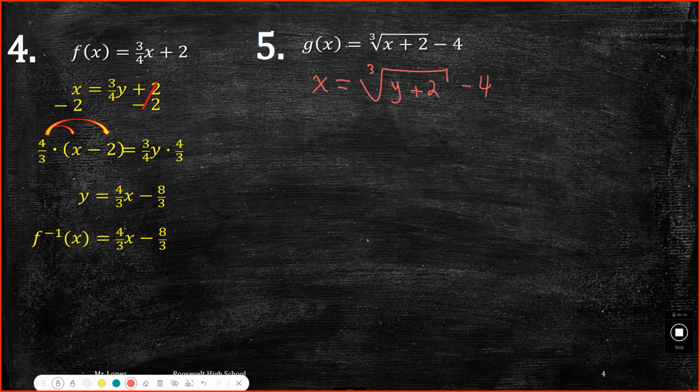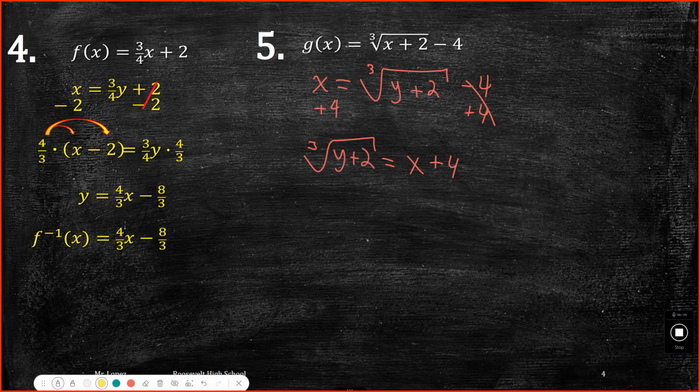Now what? What's step 1? How about add 4? Add 4 to both sides. So x plus 4 is going to equal the cube root of y plus 2.